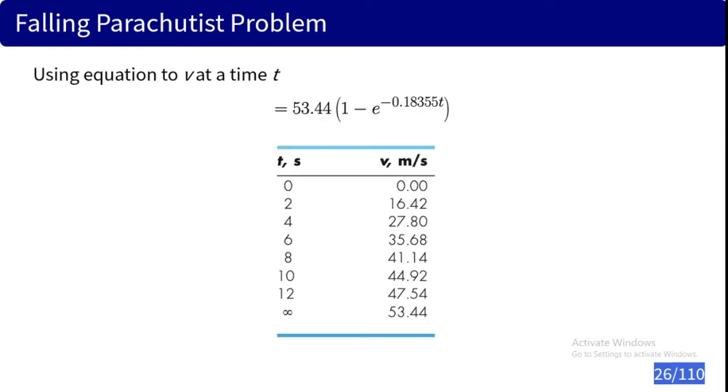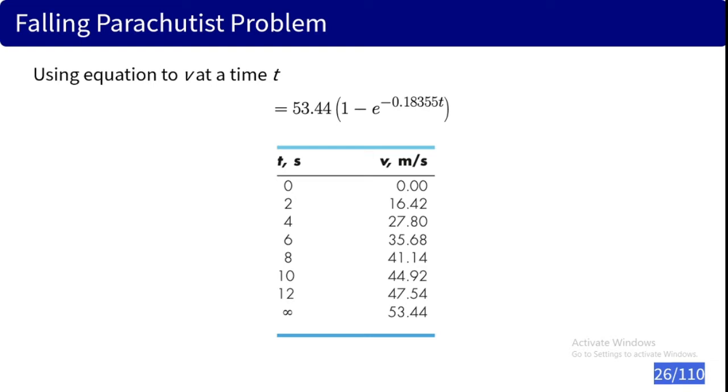So metabo na to is we'll use the latest equation in order to solve the v at a time t. So at a time t, given for example nga nakunatay time at intervals of 2 seconds.